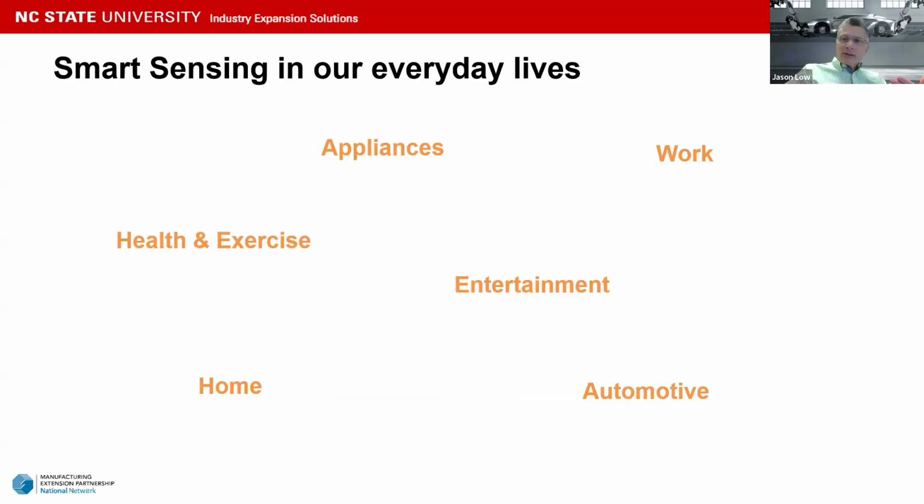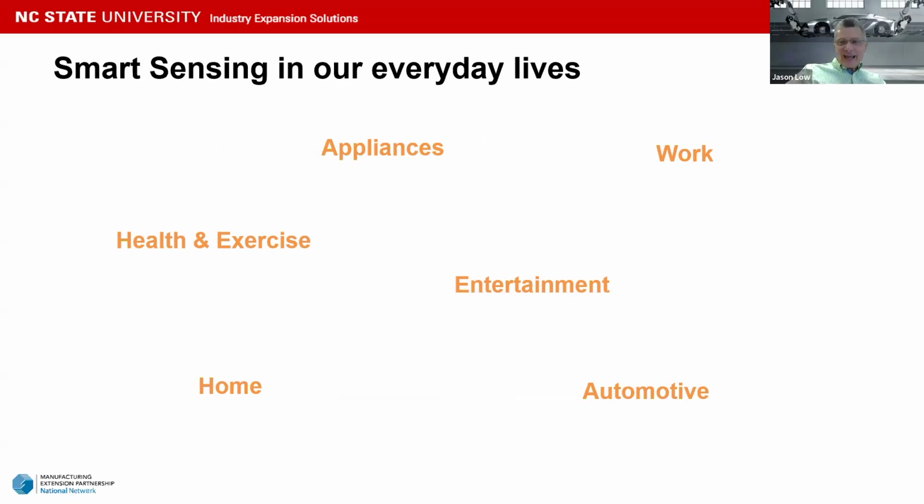So back to just a couple of slides from what we talked about in the first installment of this series, which was smart sensing in our everyday lives. We know that everything is really monitored at this point because of our attachment, especially to cell phones, right?